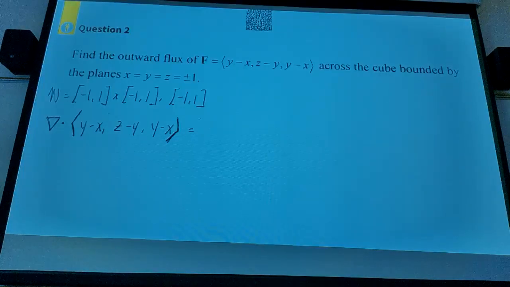What about the second term with respect to y? It's also -1, isn't it? What about the third term with respect to z? So what's the divergence on the whole? It's -2.